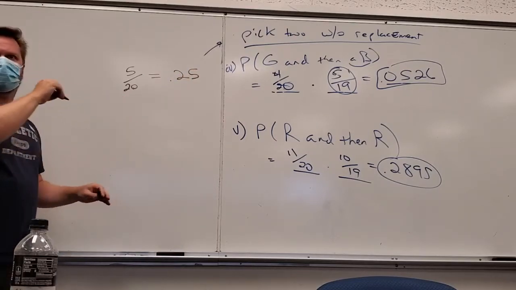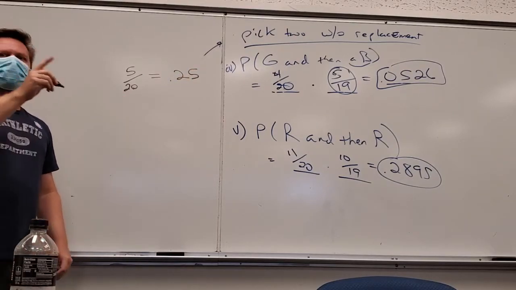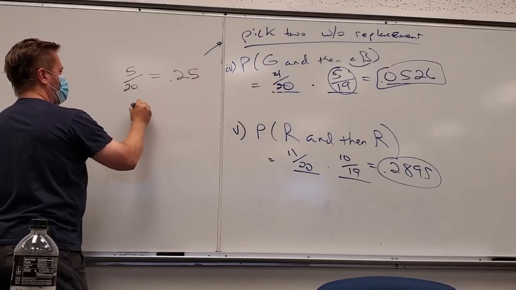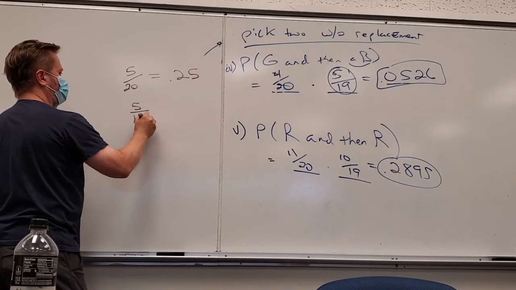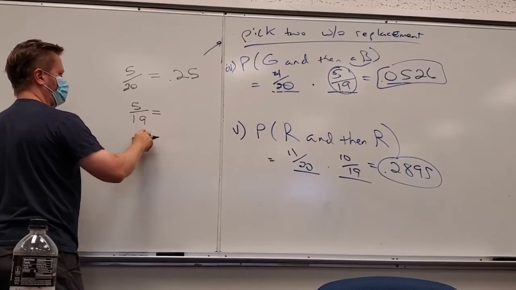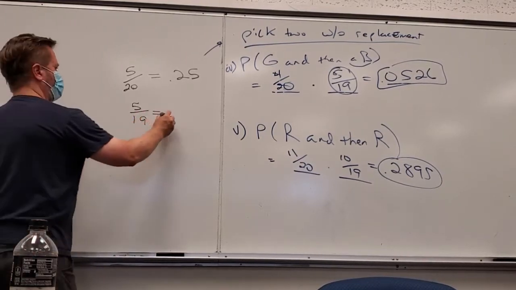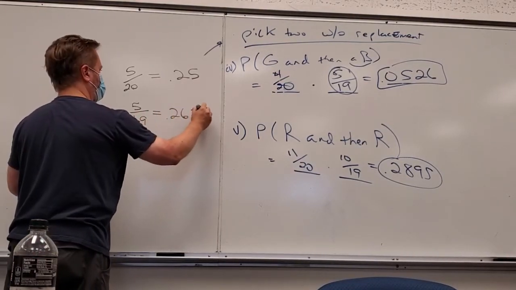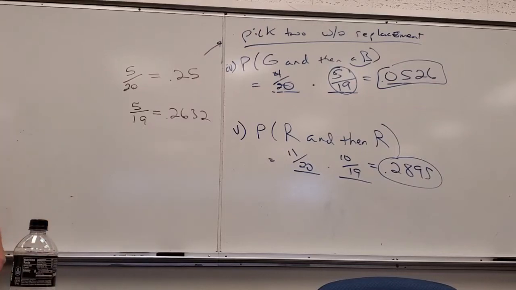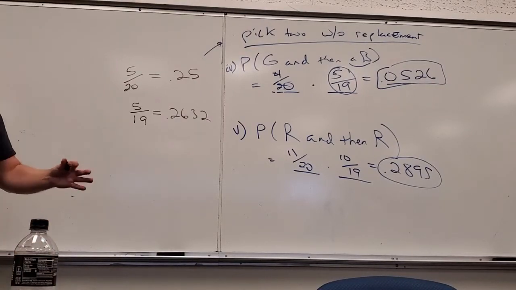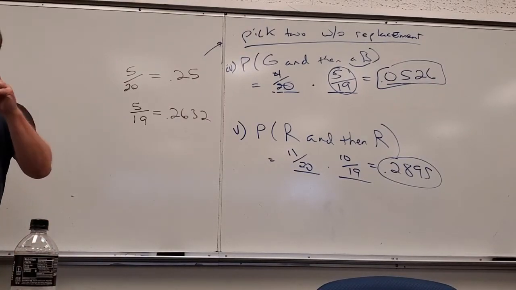Okay. What happens if I take one chip? What is 5 divided by 19 now? And I want exactly. 0.2631578947. All right. Next time I need you to be more specific, but that's okay.